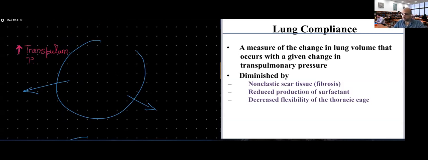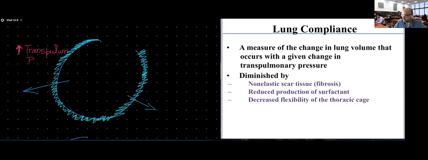So what might alter lung compliance? For example, a person gets recurrent infections in the lungs. Over time, he develops fibrosis. So now the lungs are stiff.